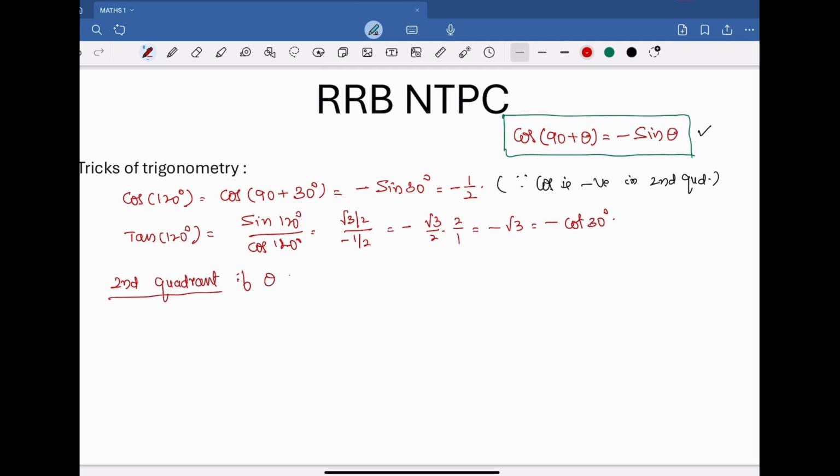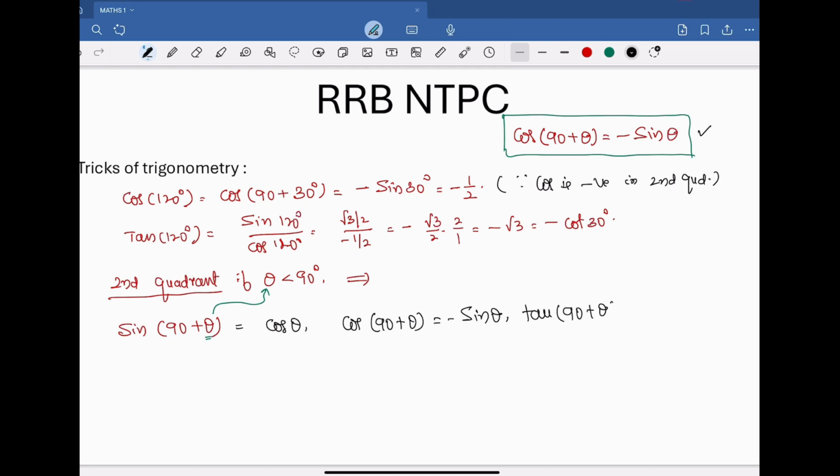If theta is less than 90 degrees, then in the second quadrant, sin 90 plus theta is equal to cos theta, cos 90 plus theta is equal to minus sin theta, and tan 90 plus theta is equal to minus cot theta.